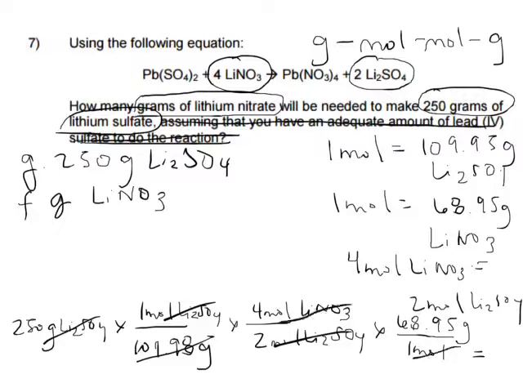All right, let's crunch some numbers. 250 divided by 109.98, and we're going to multiply that times 4, divide it by 2, and multiply times 68.95.